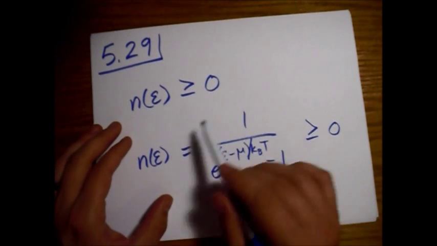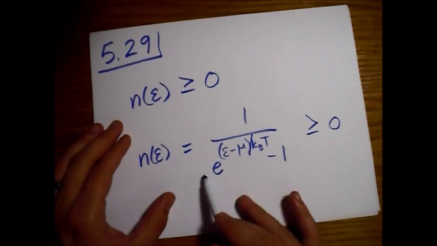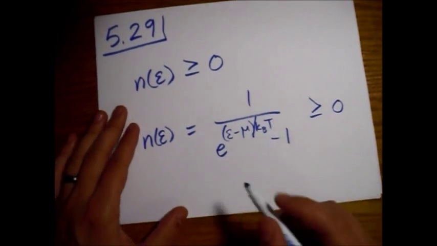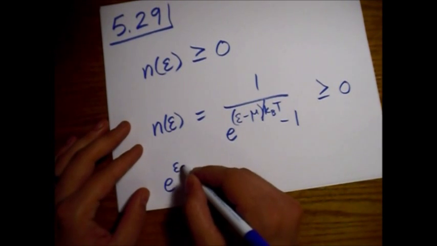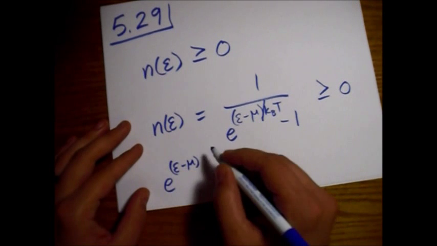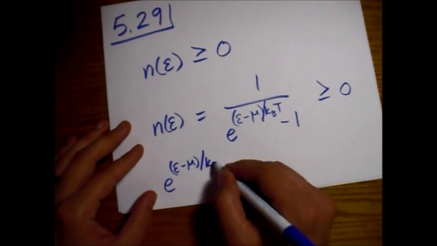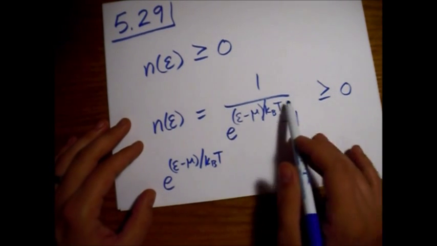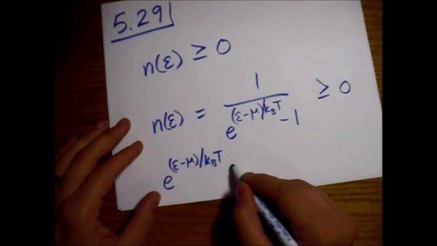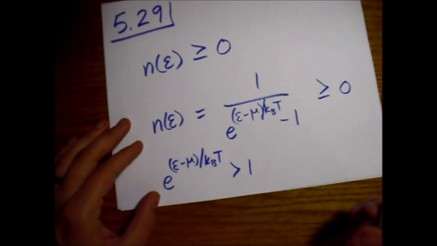The number on top is positive, so the number on the bottom must be positive, which tells us that this exponential, e to the (epsilon minus mu) over kBT, must be greater than 1.